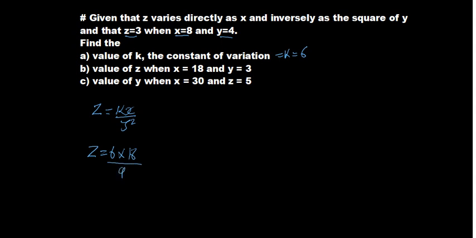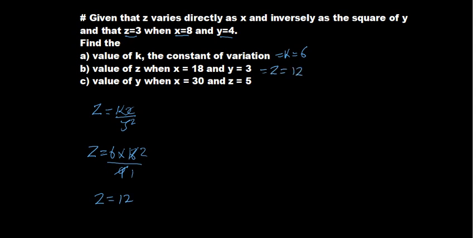It's very important that you don't complicate things for yourself. Try to make things easy as you do the calculations. Of course, you might be allowed to use a calculator, but you'd want to be a bit faster. 9 into 9 is 1, 9 into 18 is 2, so z is equal to 6 multiplied by 2, which is 12. So in this case z is equal to 12.